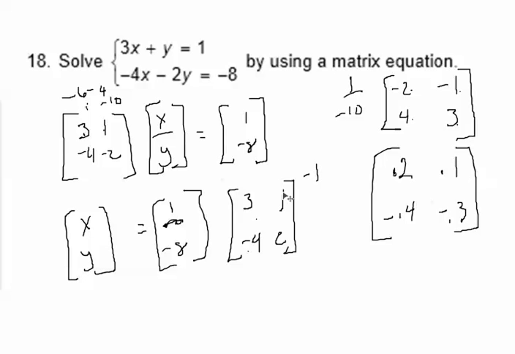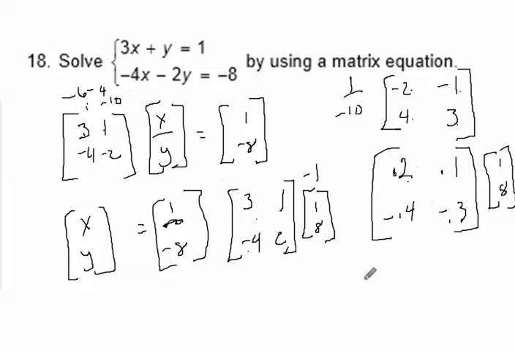Because this is a 2 by 2, I can't multiply that down that way. It's got to be written on the other side here, times 1, 8. Yes, that's the way I want to do it. Okay, times 1, 8 is what I'm trying to multiply by.